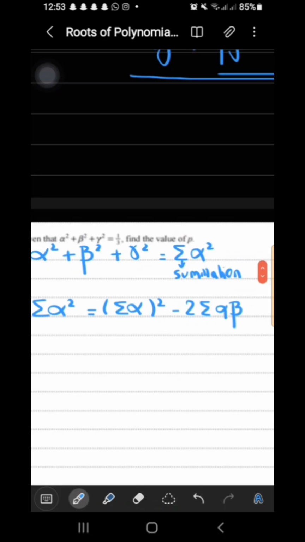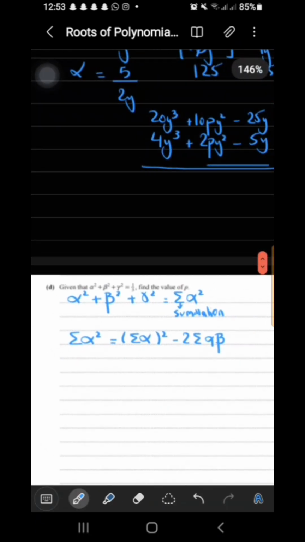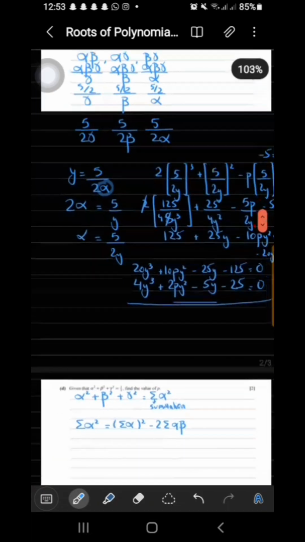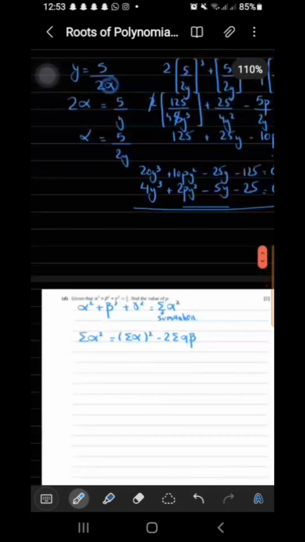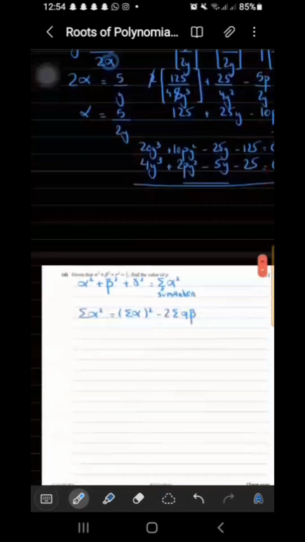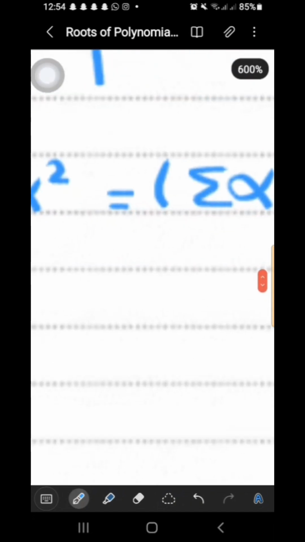So here we will look for the values from the given equation, not the equation which we had formed. So we will move upward and we will get alpha plus beta plus gamma is equal to negative 1 over 2.